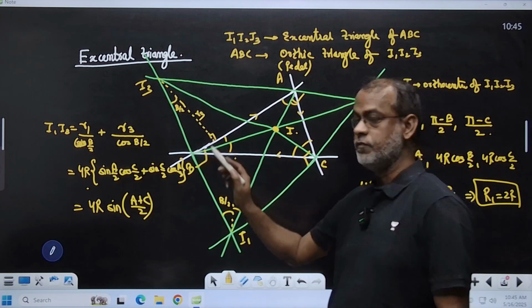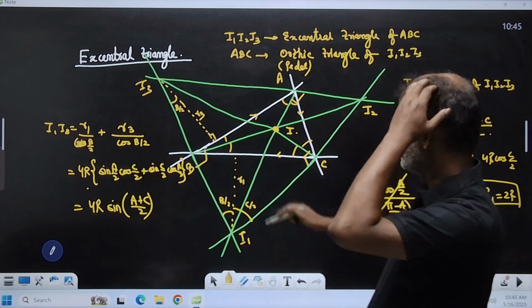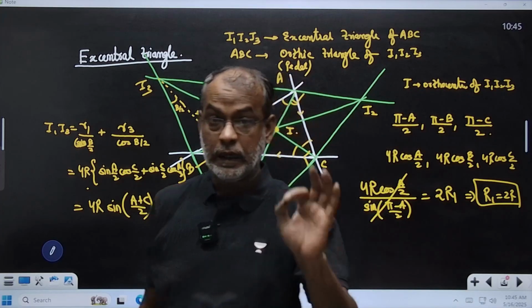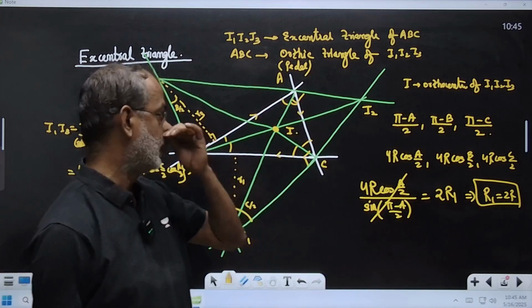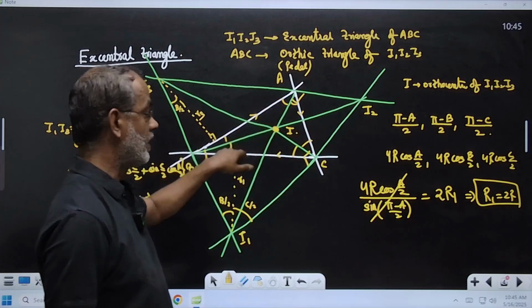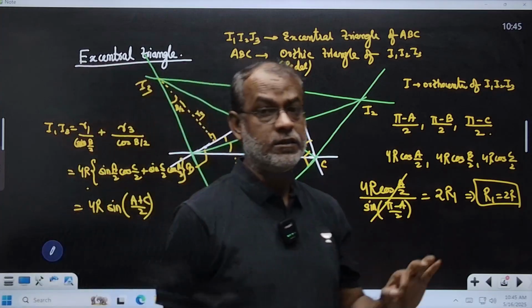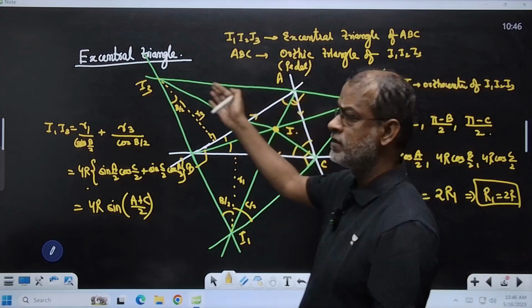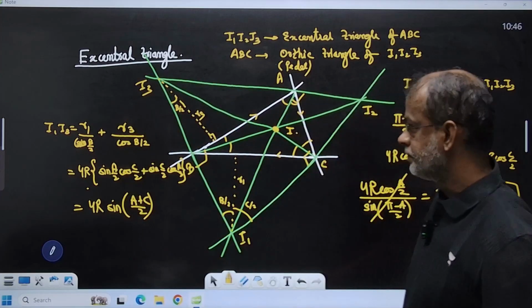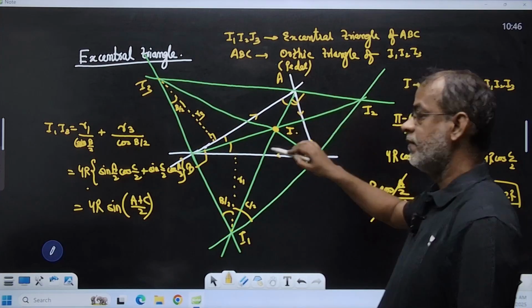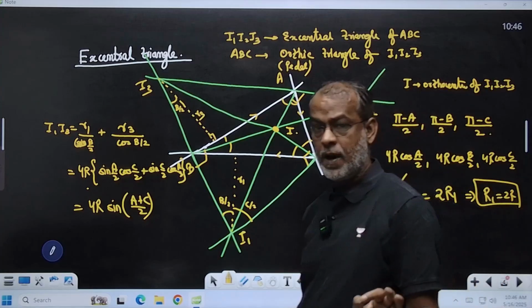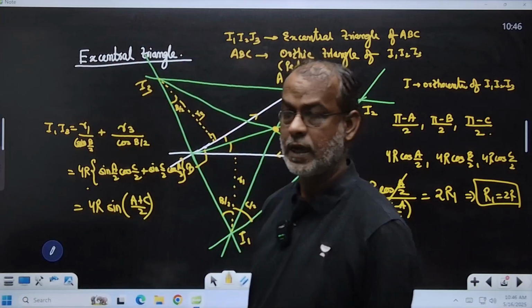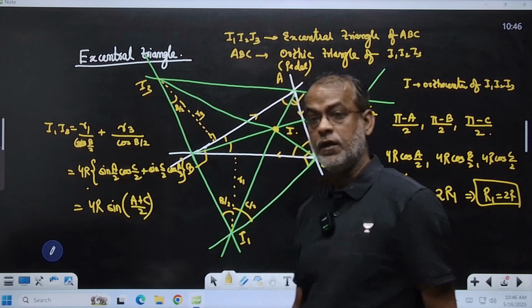So, it reaches this point. So, this is the triangle with least perimeter whose vertices are on sides of the triangle. Okay, because a light ray travels along a path such that it covers the least possible distance. Angle of incidence is angle of reflection.